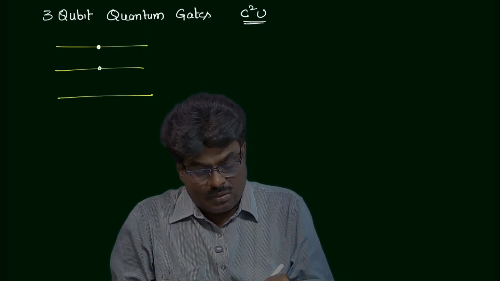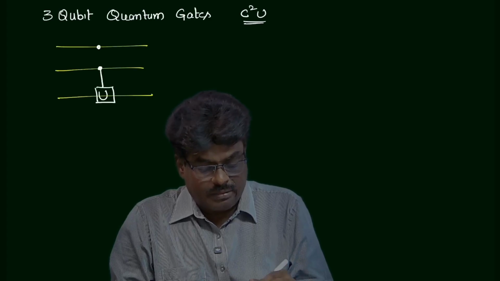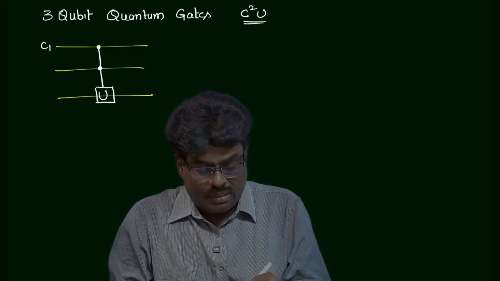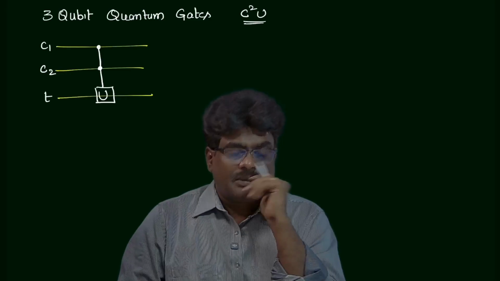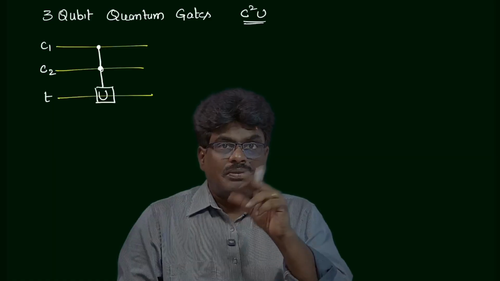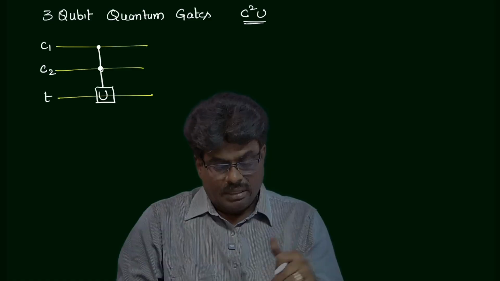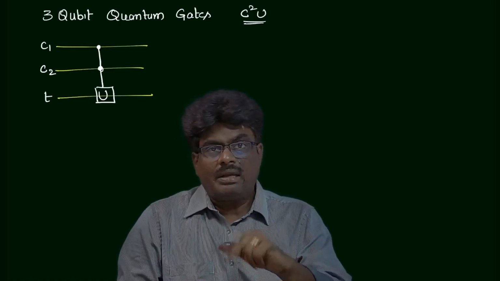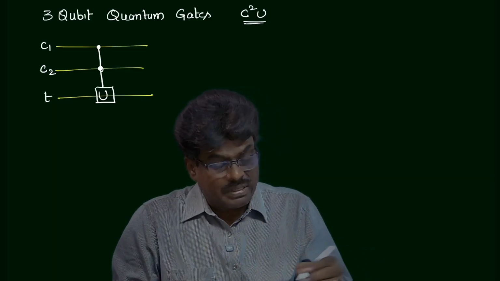This is the control, and this is the target. So C1 and C2 and one target. Then how to do this? The meaning of this is that when both C1 and C2 are equal to 1, that means on, then only this U will operate on T, otherwise it won't operate. That's it. So how do we represent its operation?